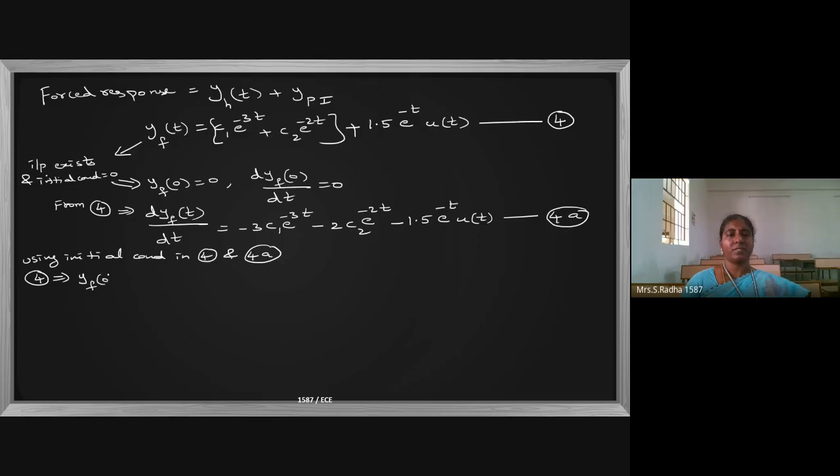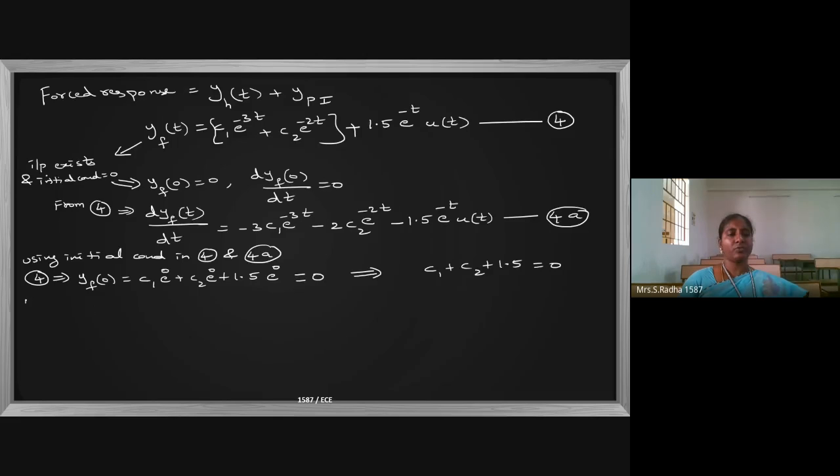So yf of 0 is nothing but c1 e power 0 plus c2 e power 0 plus 1.5 e power 0 times u of 0. At the origin, the step signal value is 1. This entire thing is 0 as per the initial condition. From this you can see c1 plus c2 plus 1.5 is 0.